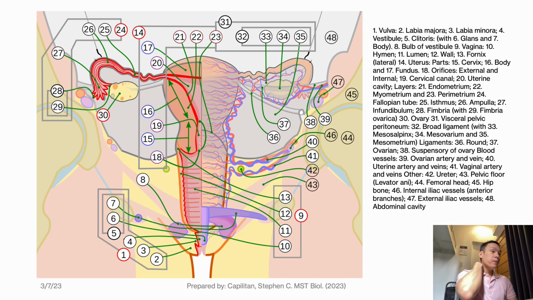We also have the vulva, the labia majora, minora, and the clitoris. Number 9 is the vagina. You can see 14 is the uterus, 21 is the endometrium, and 30 is the ovaries, and so on and so forth. So you should be familiarizing yourself with these different parts of your female reproductive anatomy.